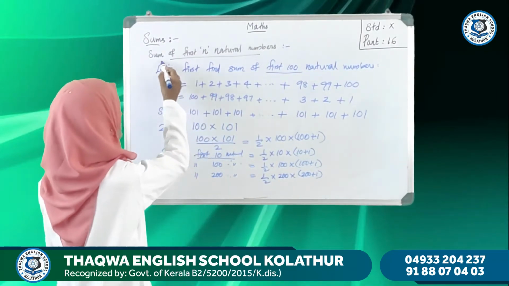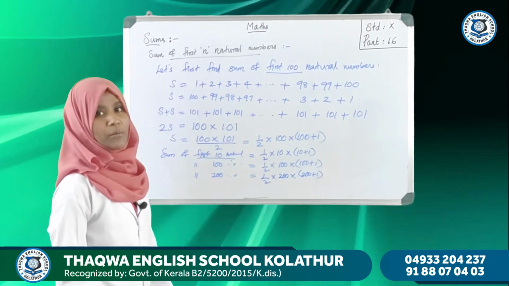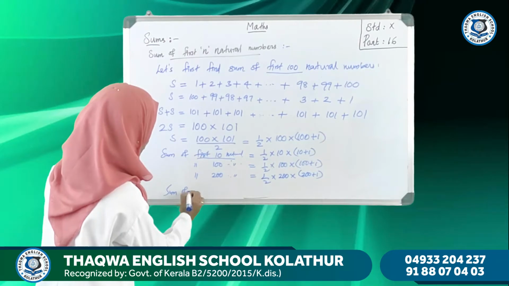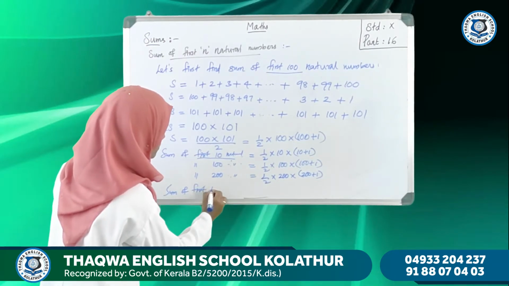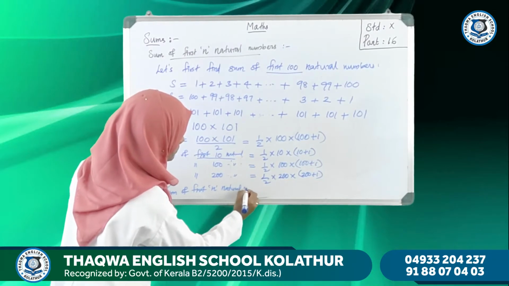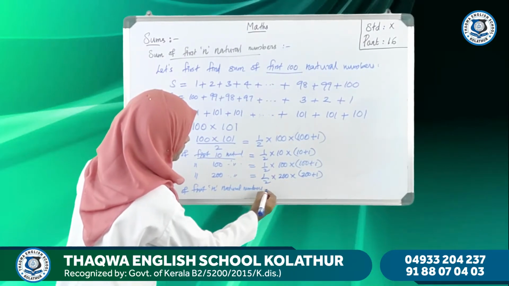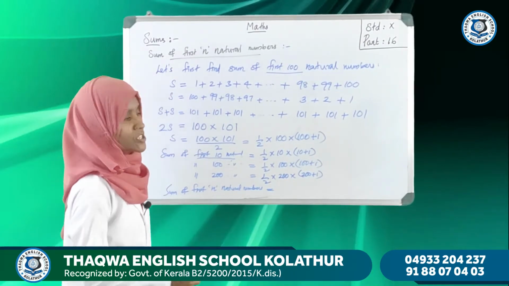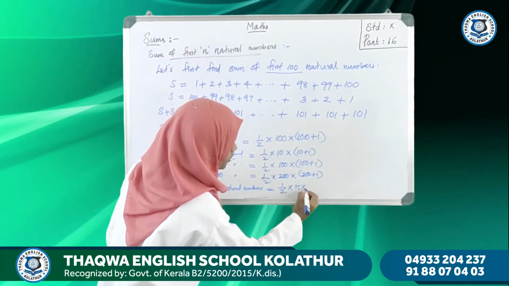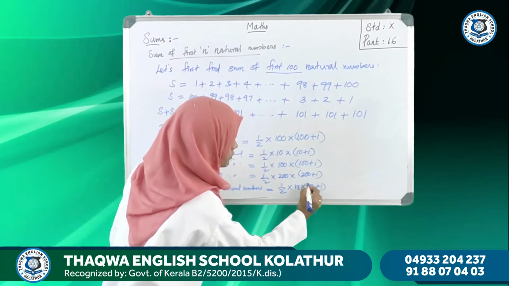Now, what is the sum of the first n natural numbers? Half into n into n plus 1.